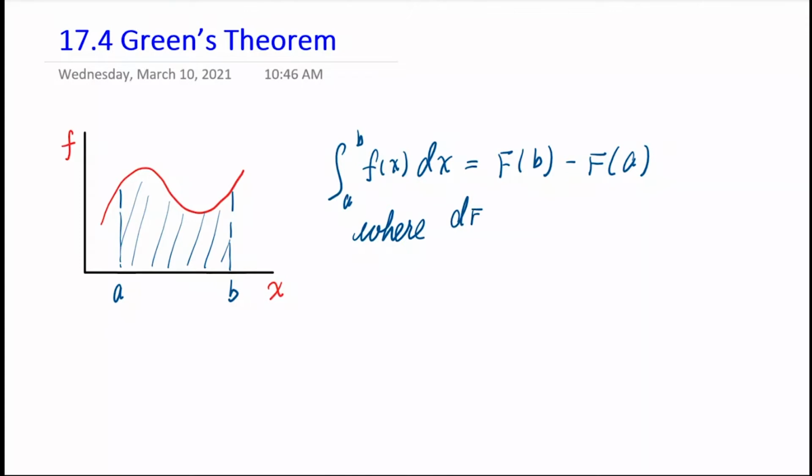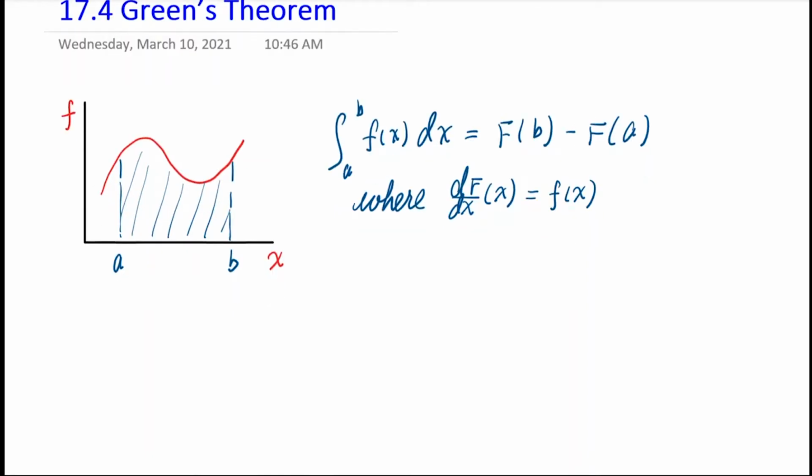Here dF/dx, which is commonly used, that function of x is equal to f of x. So if the antiderivative exists, there's a derivative and antiderivative relationship. But we can also think of this as a boundary idea.